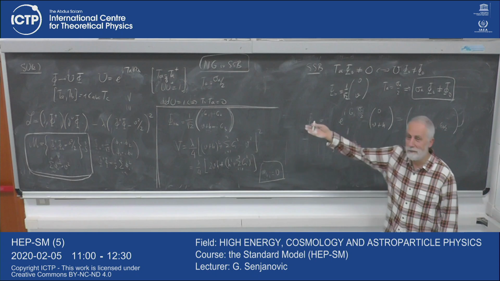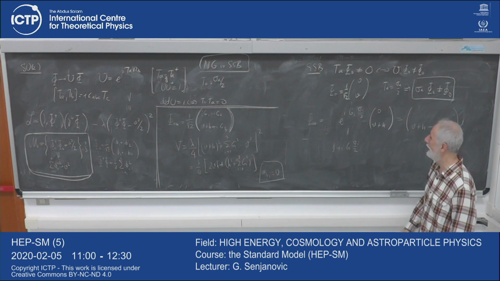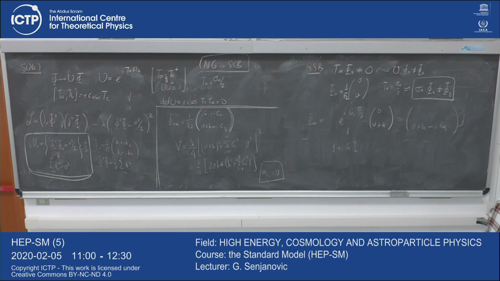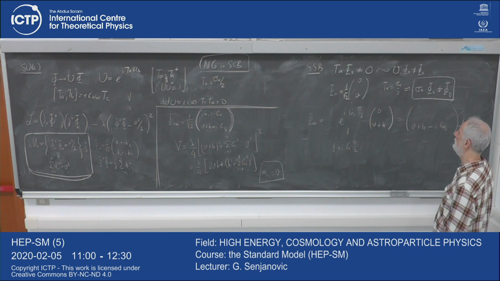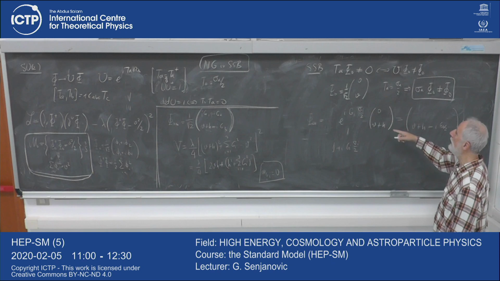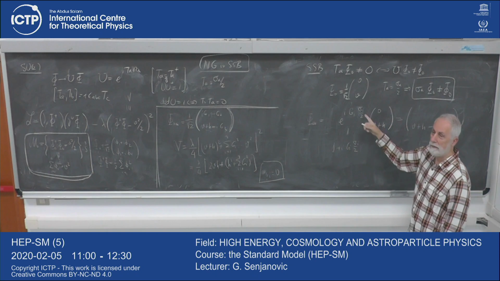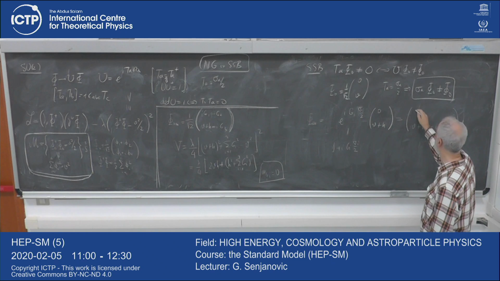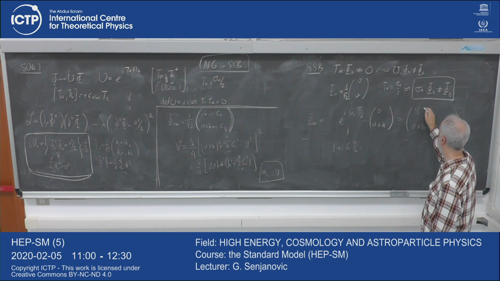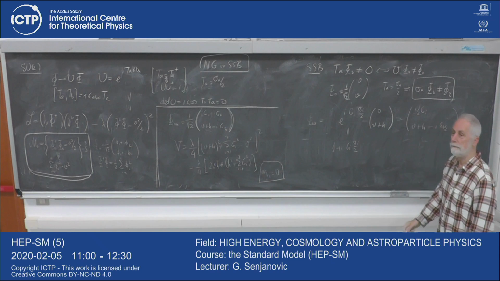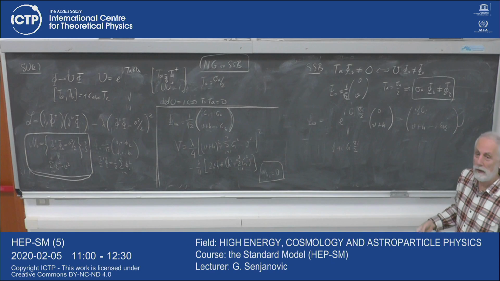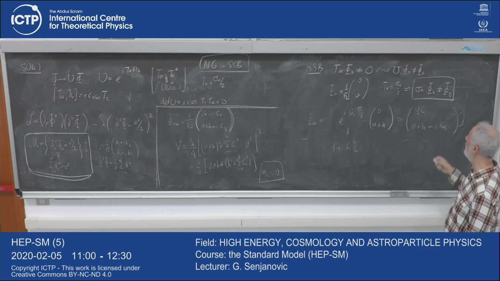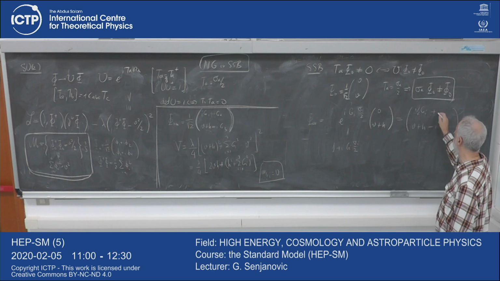It doesn't matter. This is just giving names to the fields. And here, what would I get? Sigma 1, right? You see? I will have i over 2 G1, because there is a i and sigma 1 is real. And sigma 2 has a minus i times i, so it will be plus G2.